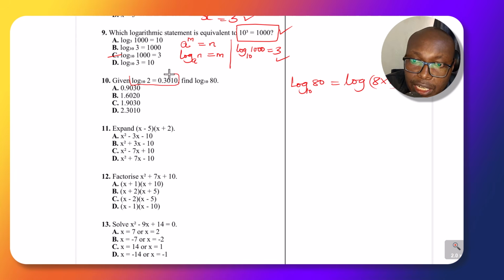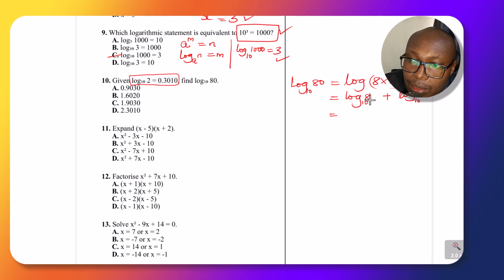So where exactly are we going to utilize log 2? When we split it like this, remember the laws of logarithm. Logarithm of 8 multiplied by 10 is the same as logarithm of 8 plus the logarithm of 10. And don't forget that all these are to the base of 10.